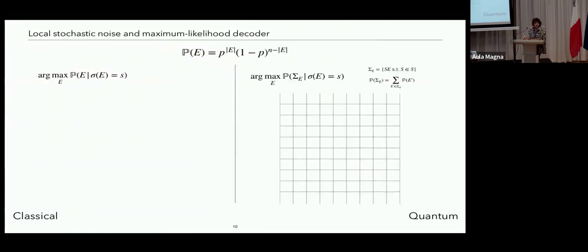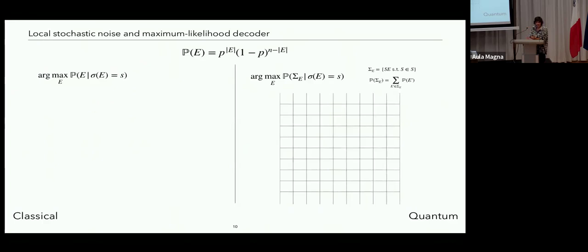Okay, so we are back to this noise model. In this noise model, the most likely error is the minimum weight one, if p is smaller than 1/2. So if we decode by maximizing this function, so we pick the most likely error, it is going to be the one of minimum weight.